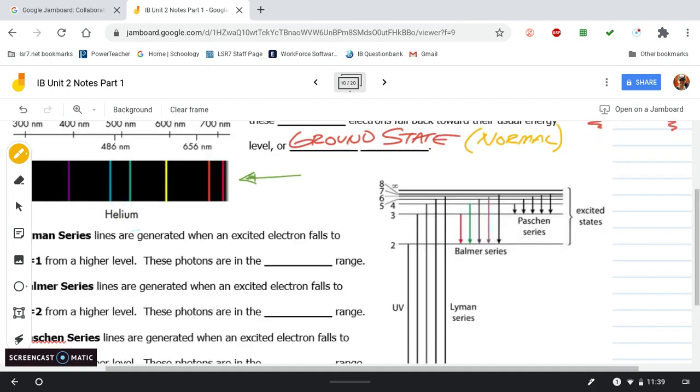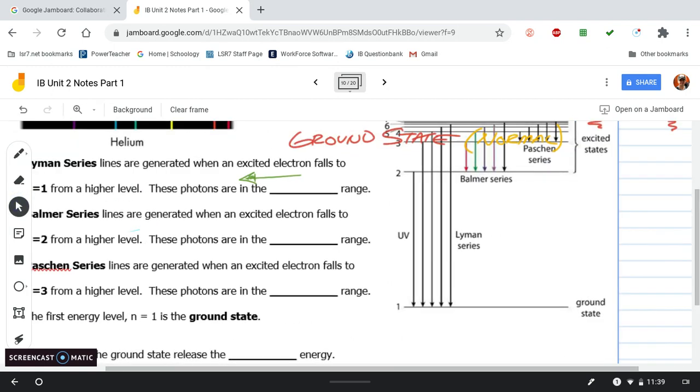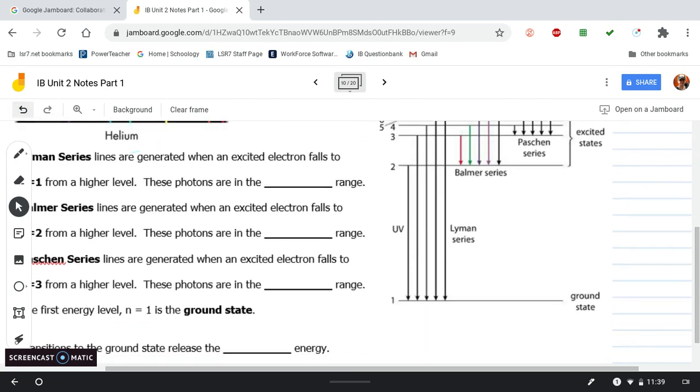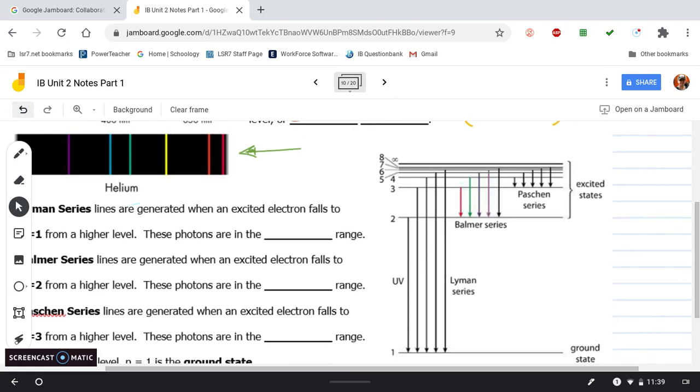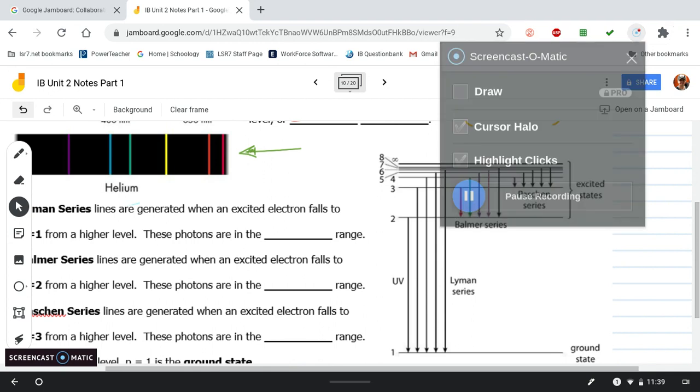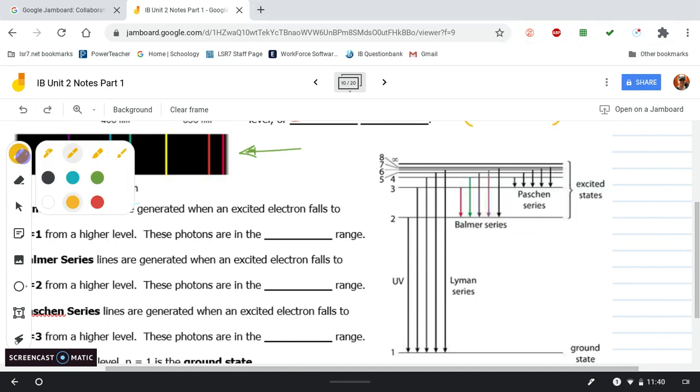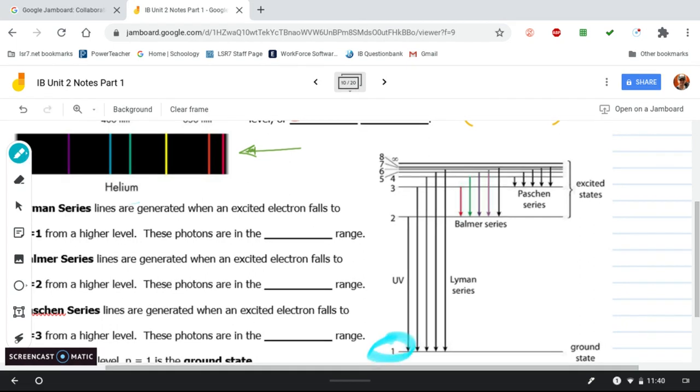And those are going to be right over here, in that little diagram. Now yours is black and white, but mine is color. So it's very easy. You have to just memorize 3 things, and it's the series and the color or the wavelength associated with that. All right. So we have things that go to energy level 1.